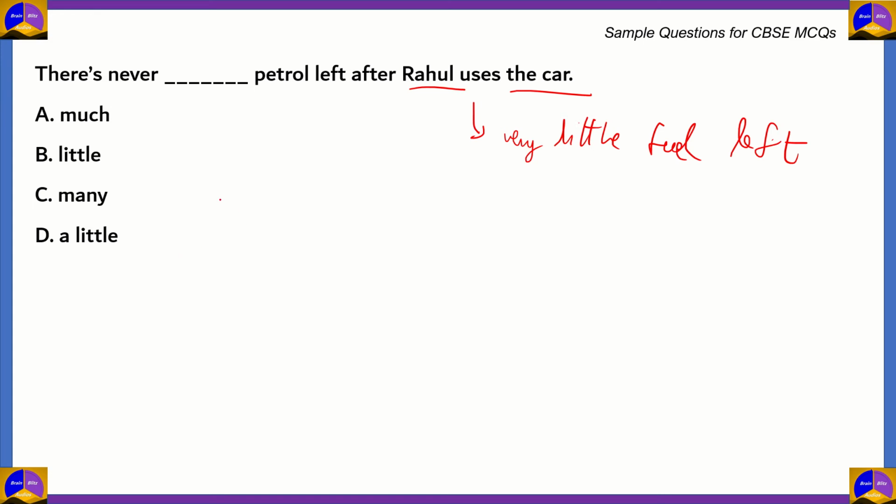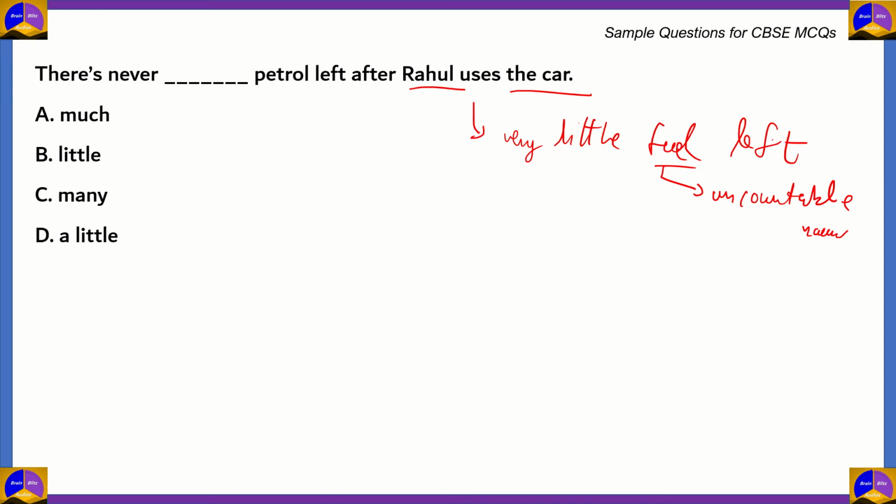So in order to understand which word is to be put here, you need to understand that petrol is a fuel, and fuel is a type of uncountable noun. Of course, when you look at it scientifically, you can calculate the number of molecules, but it's a tedious task.